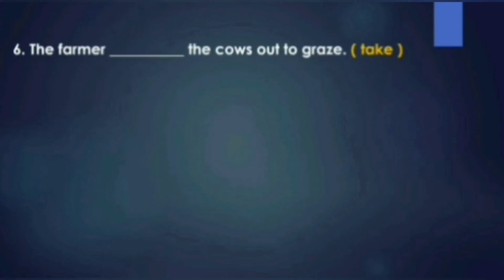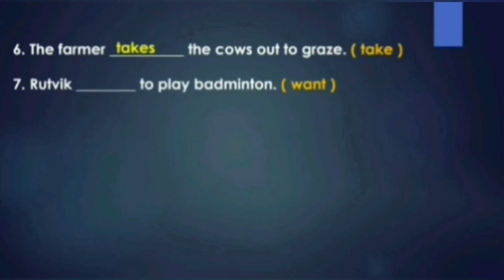Sixth one, the farmer dash the cows out to graze. The answer is: the farmer takes the cows out to graze. Seventh one, Rutvik dash to play badminton. The answer is: Rutvik wants to play badminton.